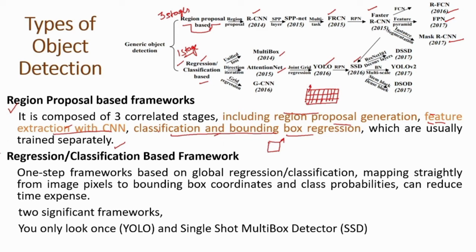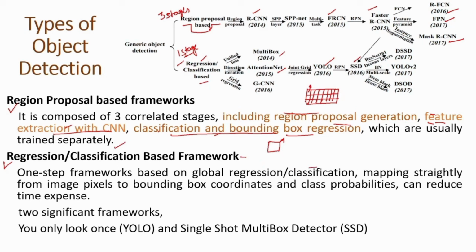So now we have the regression classification based framework. If you see in this framework, we were training three separate models. So basically it would be more time taking, so efforts would be more, and the time spent in handling different components would become the bottleneck in real time application, because real time application should be very quick. So that's why we have designed a framework which would be completed in one step only, and it would be based on global regression and classification.